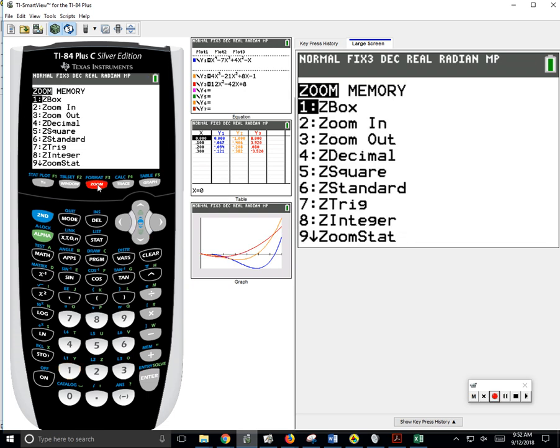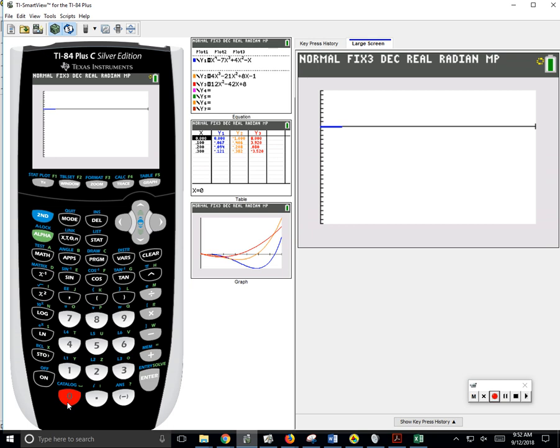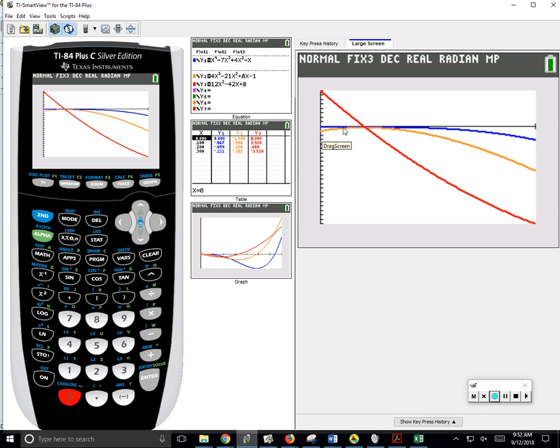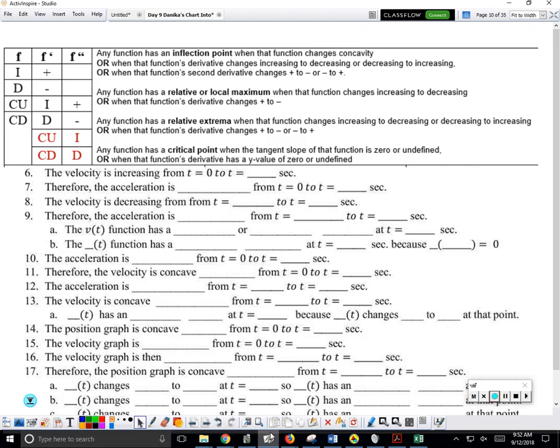Zoom. That makes it pretty clear. The velocity goes up, then comes back down. So right here, I'd say the velocity is increasing up to the peak. Okay. So on the sheet, velocity is increasing from time 0 to time what?